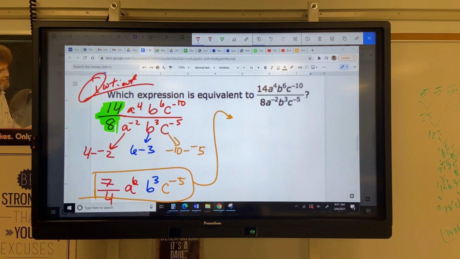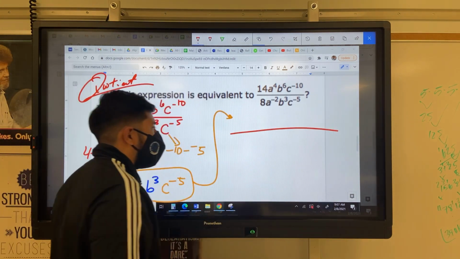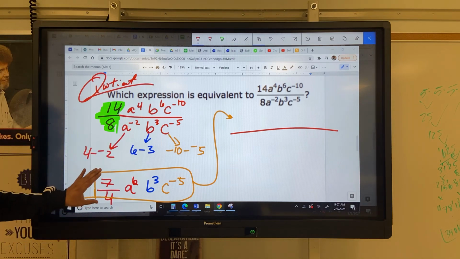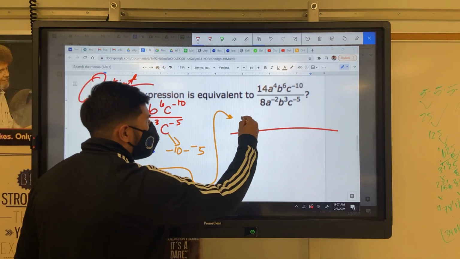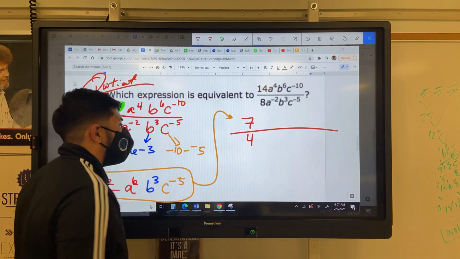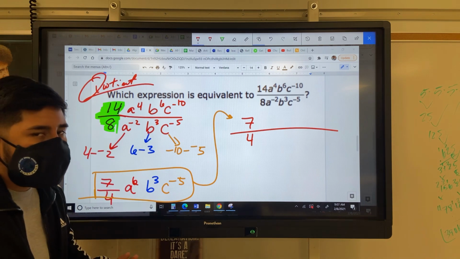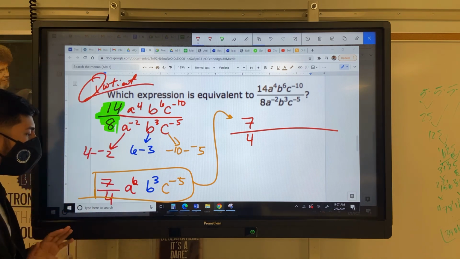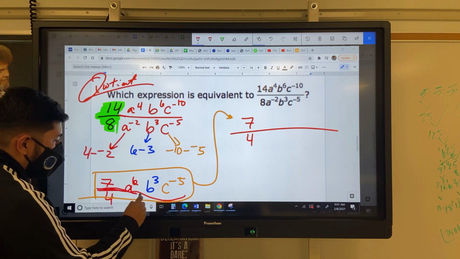I've got a fraction. I have a negative. Let's fix it. Check it out. My answer already starts with a fraction, so I don't need to get confused, I'm just going to put 7 and 4. Now I just need to make sure I put the correct people on the top and the bottom. Technically, this fraction went like this. Boom, it just went over.